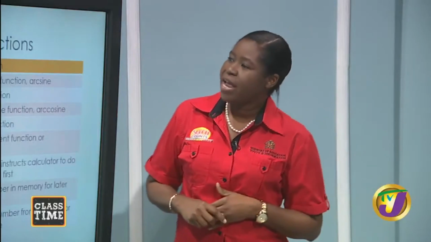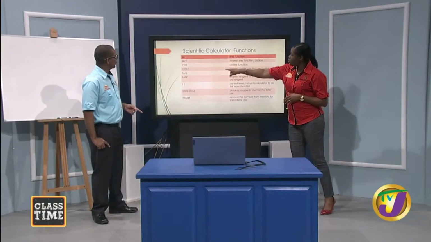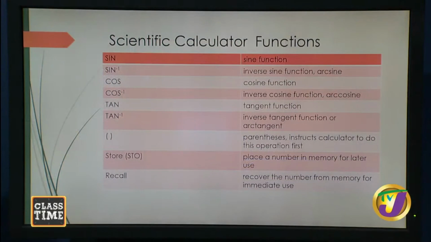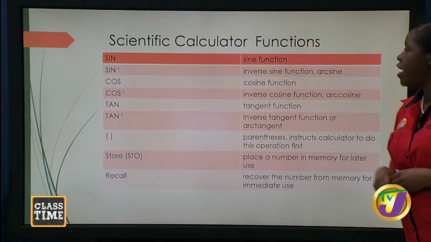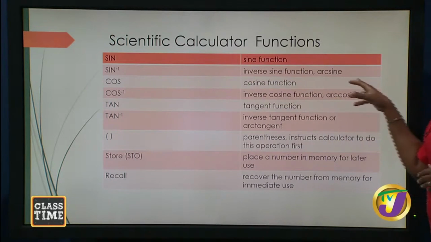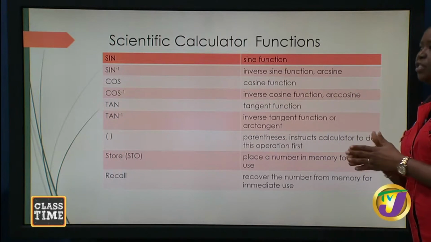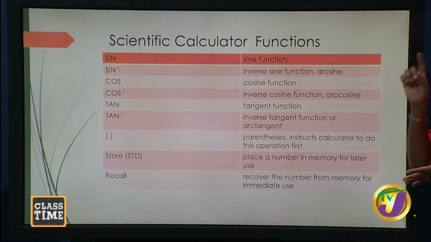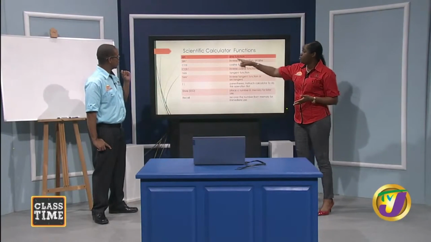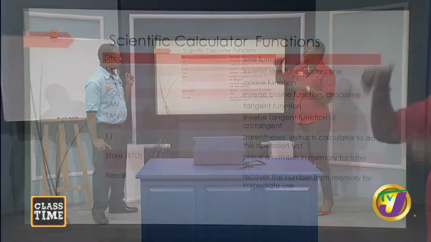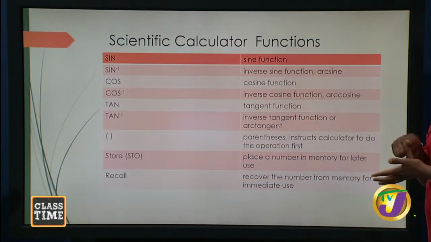Definitely. All right. So now we have the trig ratios. For the trig ratios, how would I get, say, the inverse in particular? All right. So if you want the inverse function, on some calculators you may have to press second or shift, and then you'd press the sine button, because the inverse is usually on the calculator itself and not on the button.